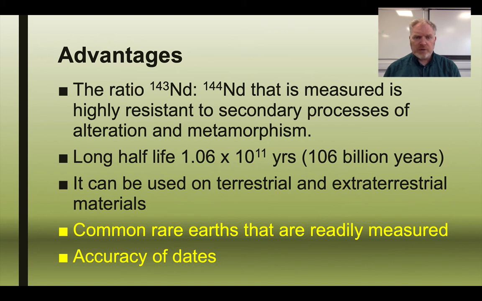These things aren't going to run out. It means we can date both terrestrial and extraterrestrial. We can date meteorites with this. They are rare earth minerals, but we do find them in lots of different minerals, but in small quantities, but enough that we can measure. And crucially, they give us accurate dates.